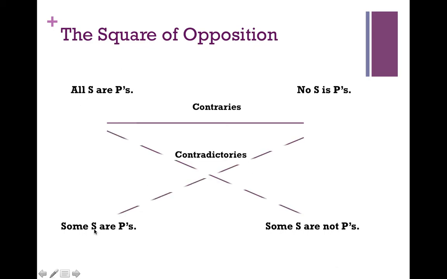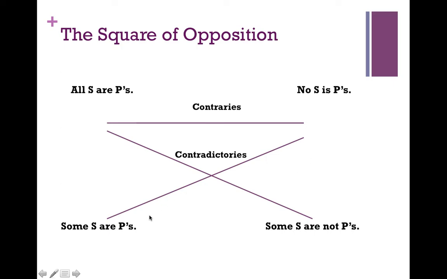And we call this relationship here, we call these contradictories. And I know a lot of times in ordinary English we'll just say contrary. What you're saying is contrary to what I say. What you're saying contradicts what I say. But here we're using these terms in a technical way. And this one might be, honestly, the easiest relationship to remember for the simple reason that you can think of it on the square of opposition as this X here.